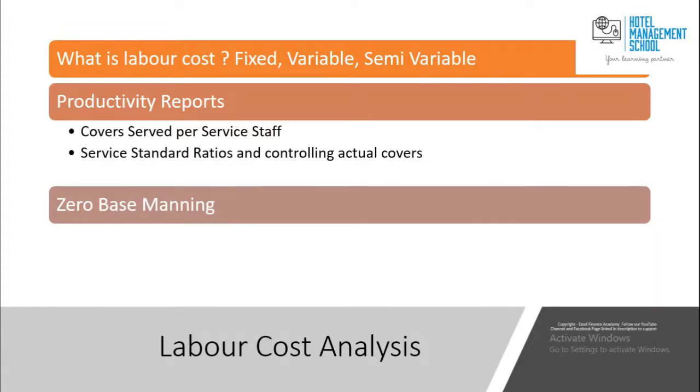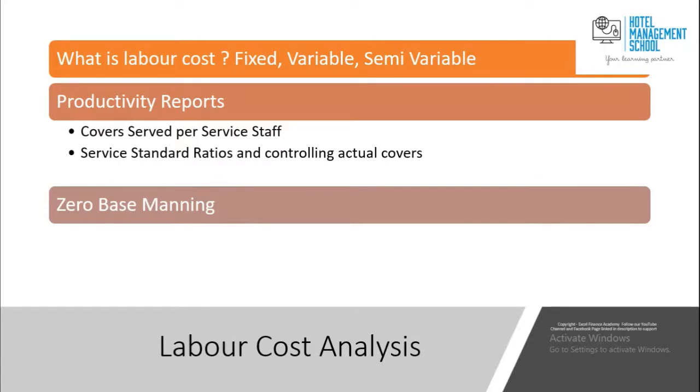But if, let's say, instead of 10 you have 15 people, you still may not need another hostess. You may need service staff, but do you need any production staff for that? Maybe not, right? So it depends on the level. It doesn't mean that if I am going to have 50% more guests, I will increase every staff by 50%. It depends on what activity is going to be increased by that higher business level.